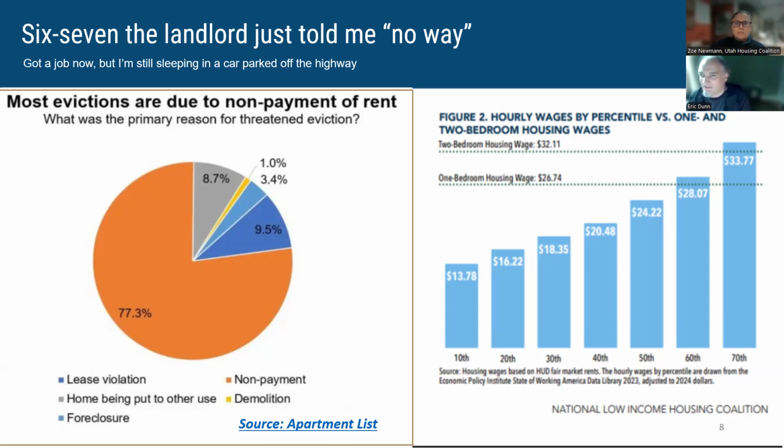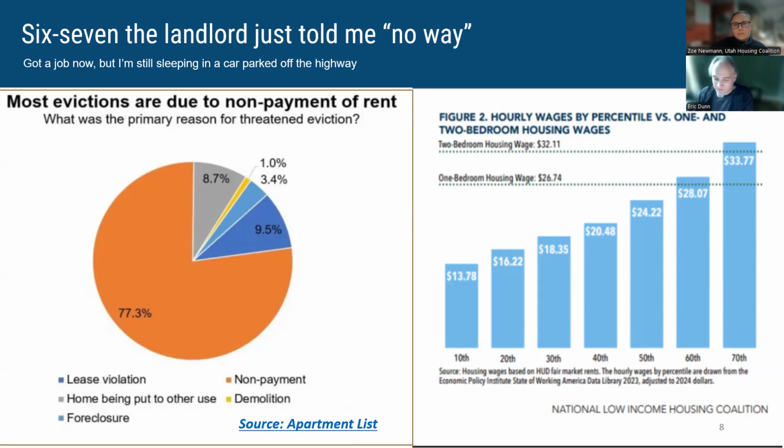If you look at the amount of money that somebody needs to earn to just afford a modest apartment in the U.S., it's north of $28 an hour for a one-bedroom apartment, and for a two-bedroom apartment, over $33 an hour. These are wages that the majority of the wage-earning population don't make.